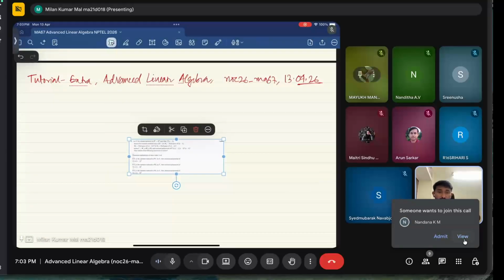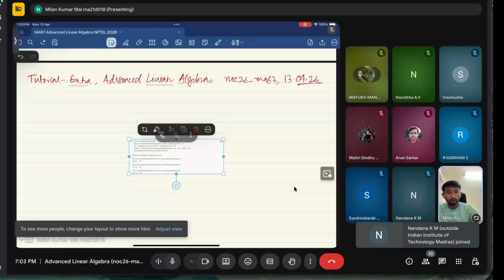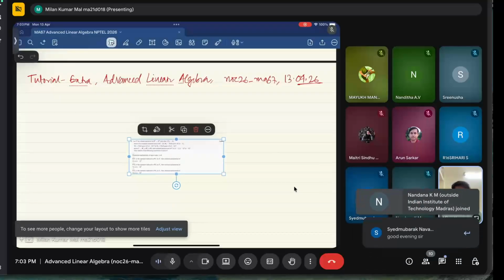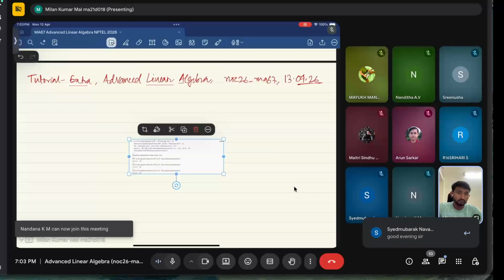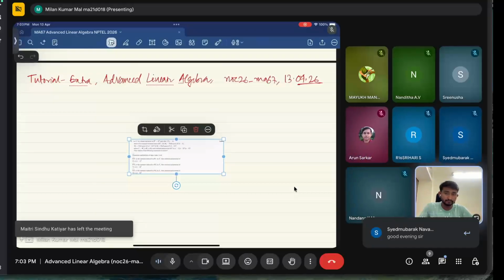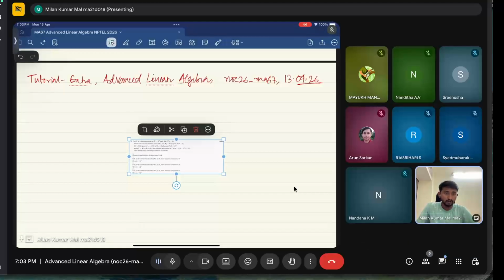In this tutorial, I'll try to solve problems mostly from diagonalization and inner product space, the normal operators and the diagonalizations. So let's start. If you have any problem, you can let me know. I'll try to solve this.